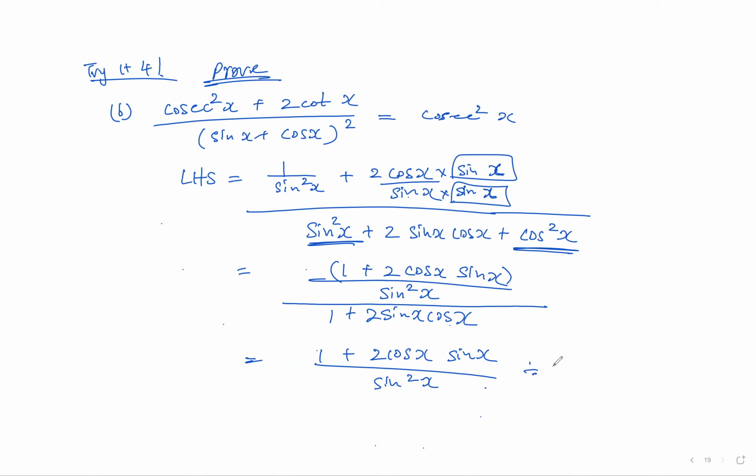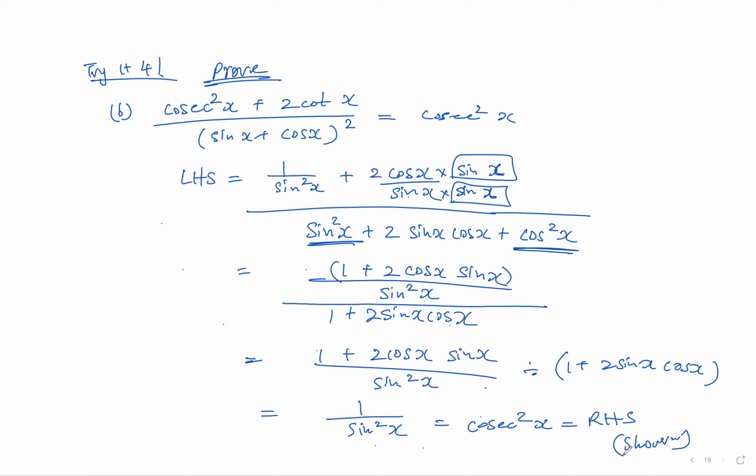This is divided by 1 plus 2 sine x cosine x. Eventually, when it becomes times, you know that it will cancel off each other. Then you have 1 over sine squared x, which is equal to cosecant squared x, equal to RHS. Sorry, I don't have space. Then you write there 'as shown' or 'proven'. There you go. You're done.